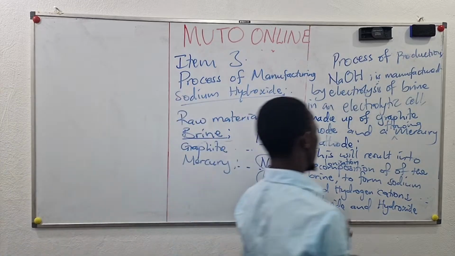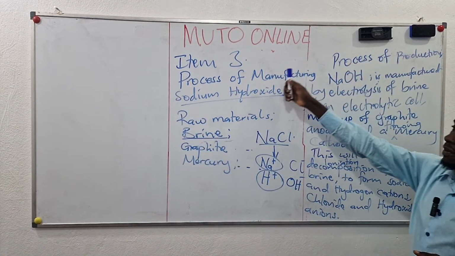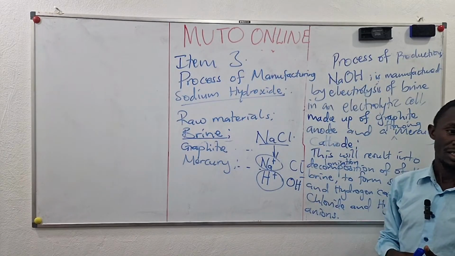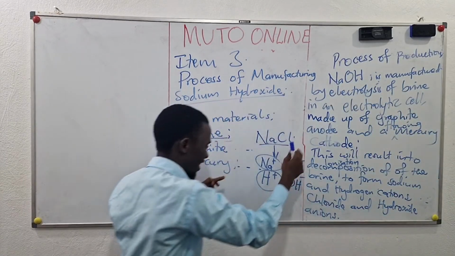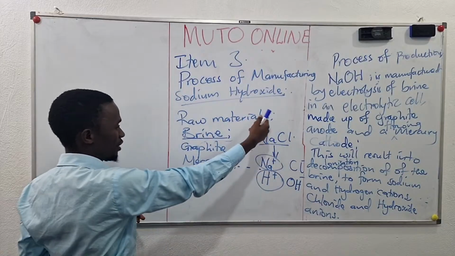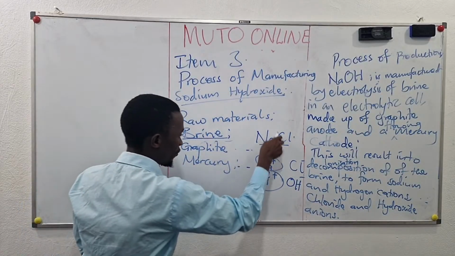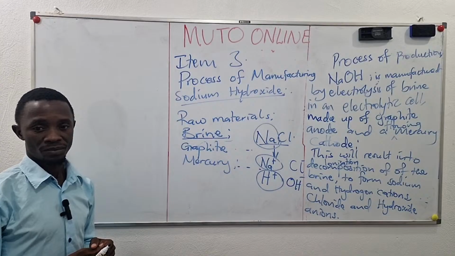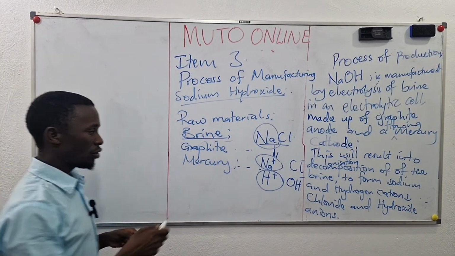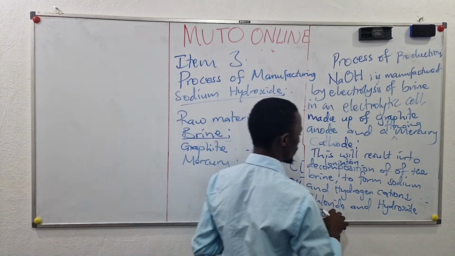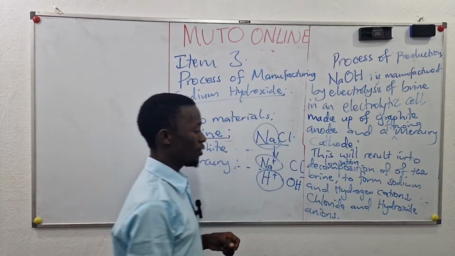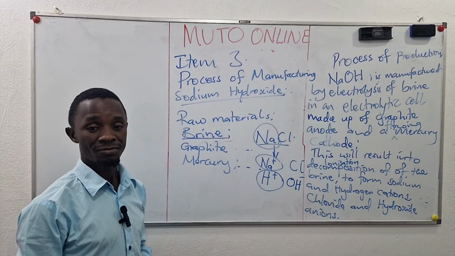For now, they're asking for the manufacture of sodium hydroxide. That means from this electrolyte, from this raw material, what we need is sodium. So I'm not going to go into the details of the chloride and the hydroxide ions.